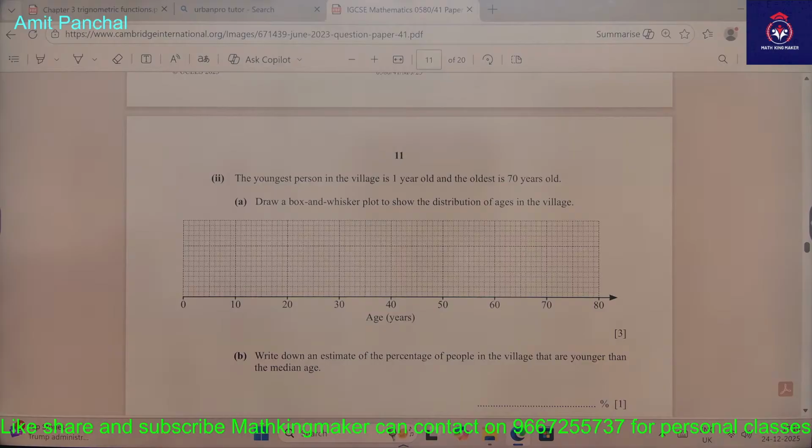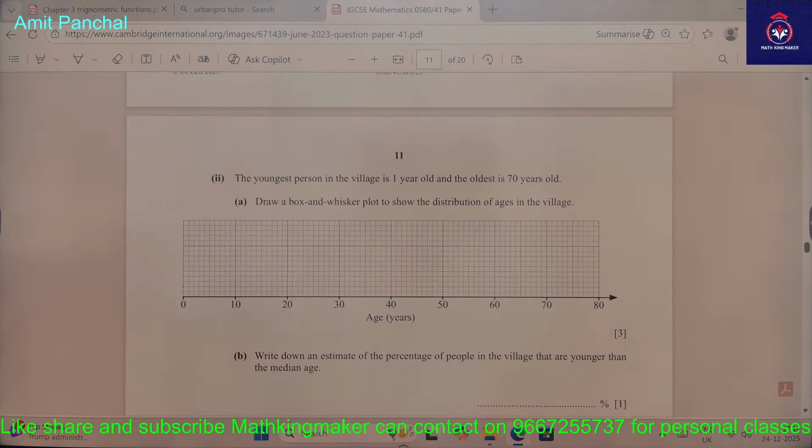Box and whisker plot means you need to make quartiles. Okay. I tried Googling one right now. I have never seen this kind of graph in my entire life, and we were never taught this graph either.